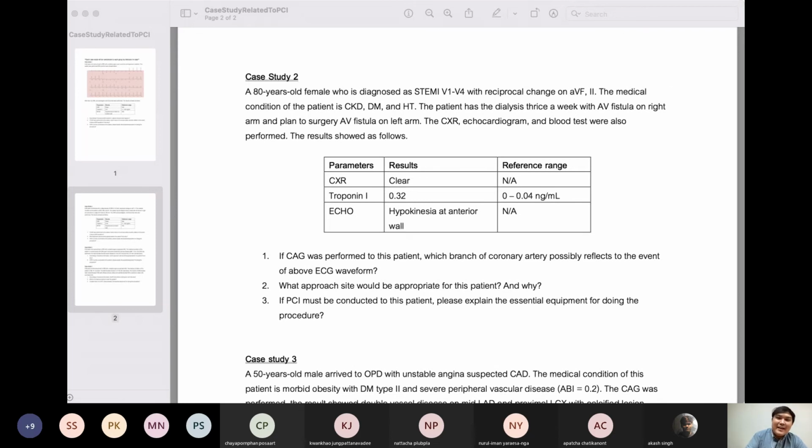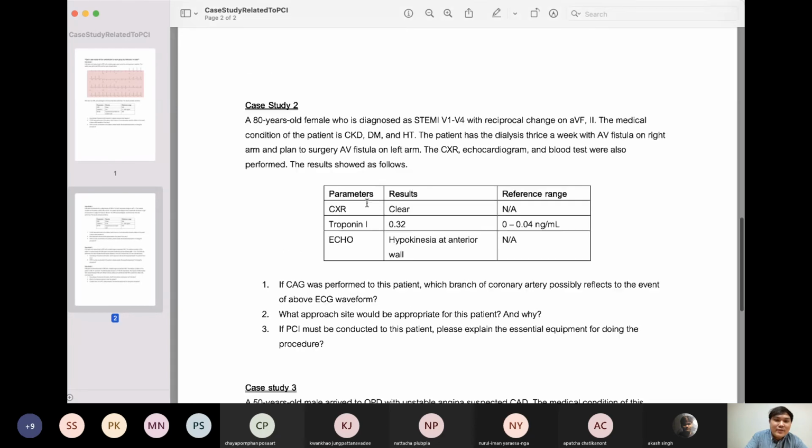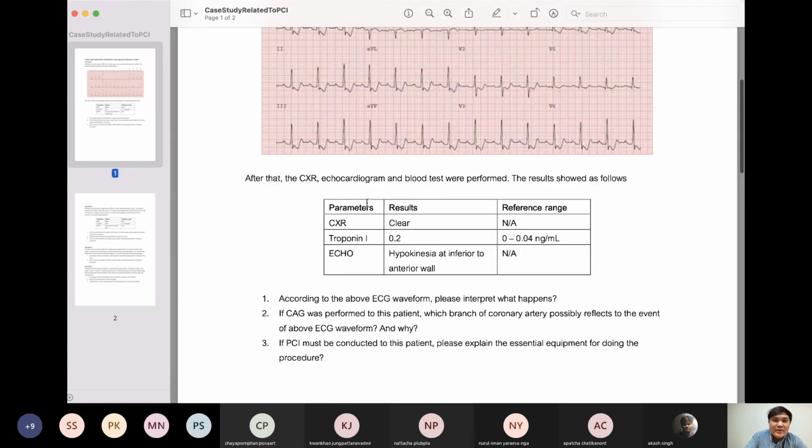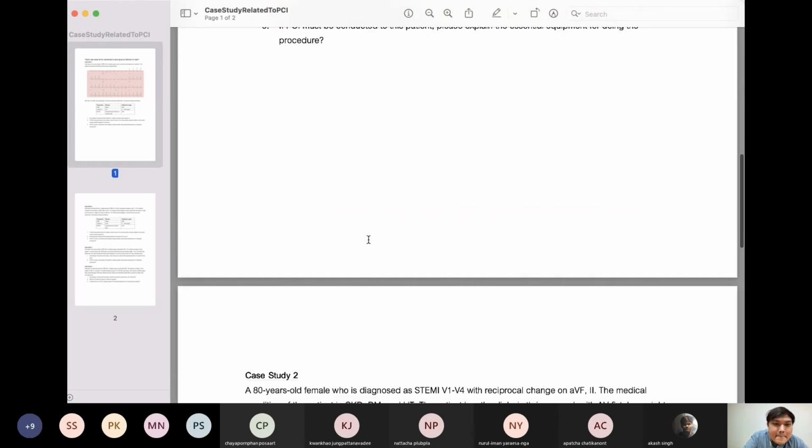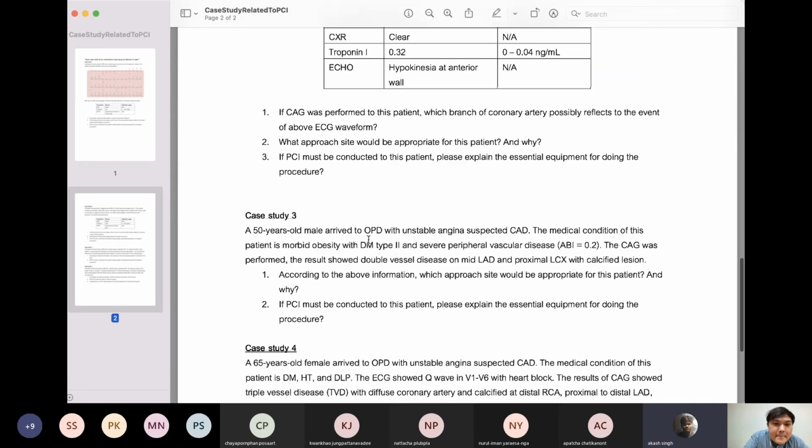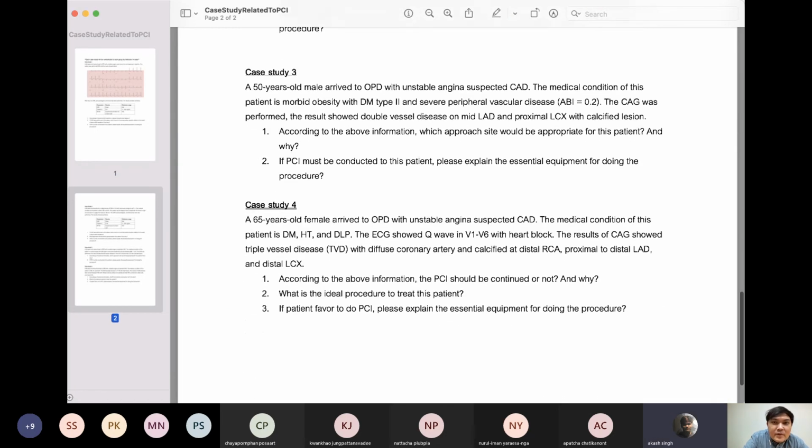Okay, I'm going to count 1 through 3, so raise hands. Agas, which case study would you like to give to the randomized group? Case study 4. Okay, case study 4. There are 2 groups left, group 1 and 2.